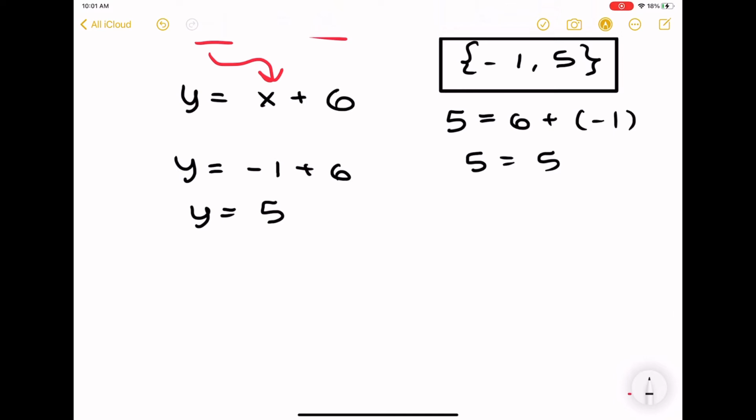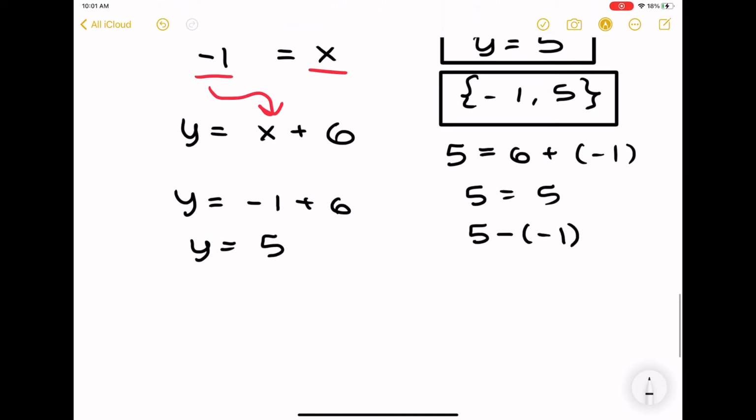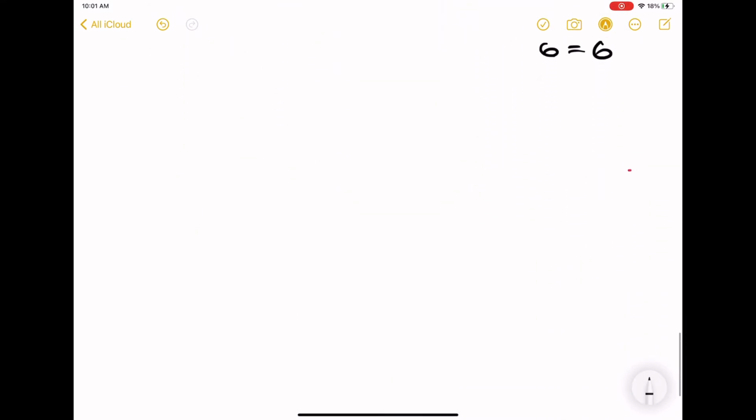That is equal to 5, which is a true statement. 5 is equal to 5. The next one is 5 minus negative 1 is equal to 6. The two negatives create a positive, and 5 plus 1 is equal to 6, and 6 is equal to 6. As you can see, those two equations do work, and they are both true statements.